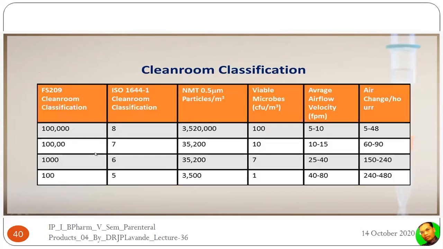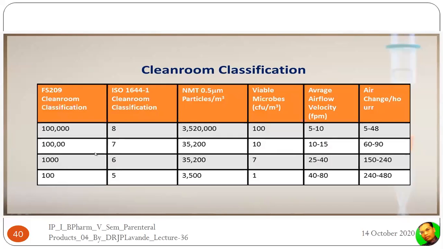This is the classification as per Federal Standard 209, the cleanliness classification, and the ISO classification, and it is based on the number of particles and the viable count of microorganisms, average airflow, and the air changes per hour.